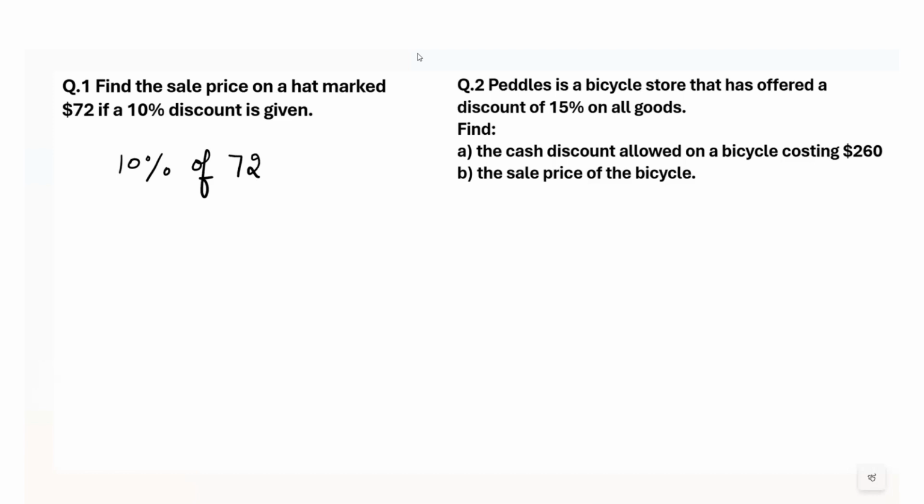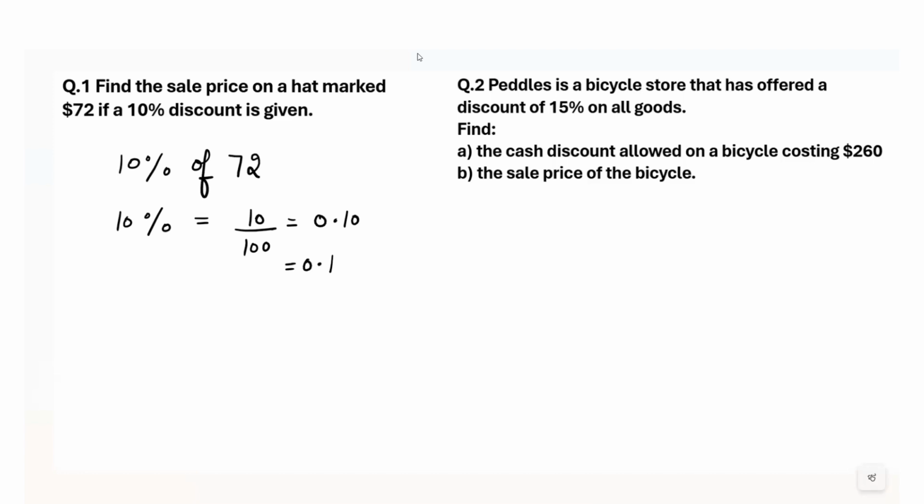Now to do so, we have to convert this 10% into decimals. So 10% can be written as 10 over 100, which is equal to 0.10, and it can be written as 0.1.